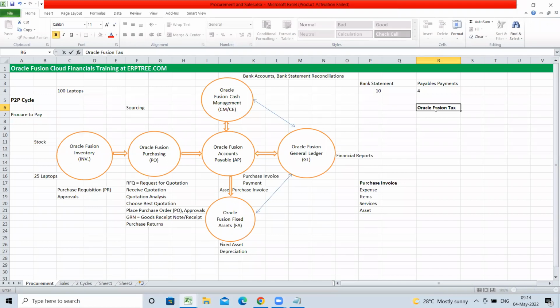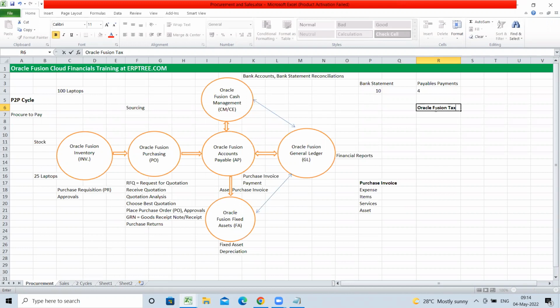By using this application, you can configure the tax wherever the rules are applicable. Accordingly, it will get calculated. You can specify in which cycle, say the P2P cycle, the tax needs to be calculated. Again, for which event, whatever transactions we record in the application, those we call events. For which event tax needs to be applicable, you can set.